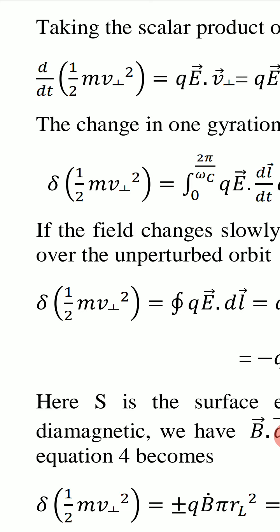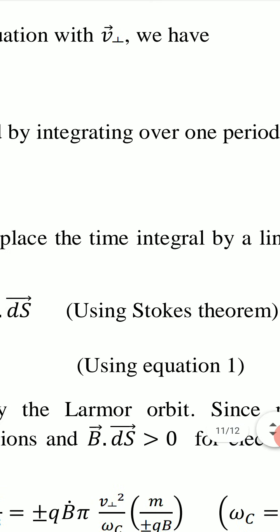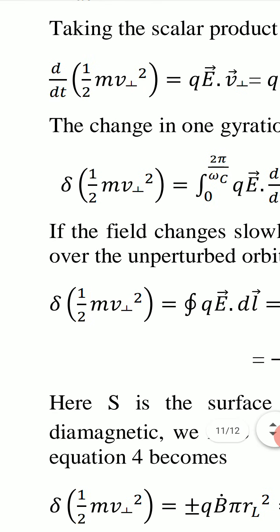So if we integrate for one period, the left hand side will give delta half m v perpendicular square. If we integrate for one time period, then integration of the term on the left hand side will give the change in the value of half m v perpendicular square, and we write it as delta half m v perpendicular square.